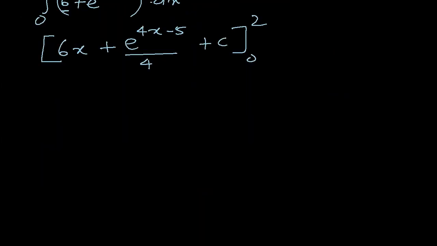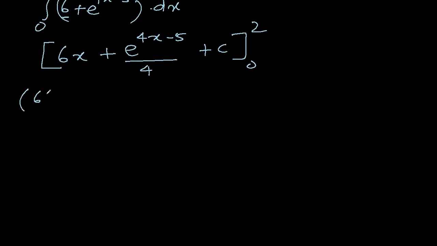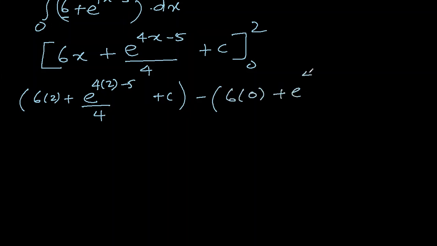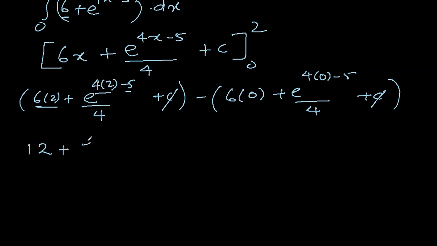So we have to just evaluate by substituting 2 and 0 one by one. 6 times 2 plus e to the power 4 times 2 minus 5 over 4 plus c, minus 6 times 0 plus e to the power 4 times 0 minus 5 over 4 plus c. c and c cancel out. 6 times 2 is 12 plus e to the power 8 minus 5 is 3, e cube over 4, minus this 0 gone, e to the power 0 minus 5 is e to the power minus 5 over 4.